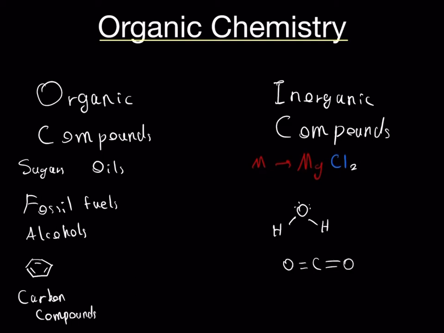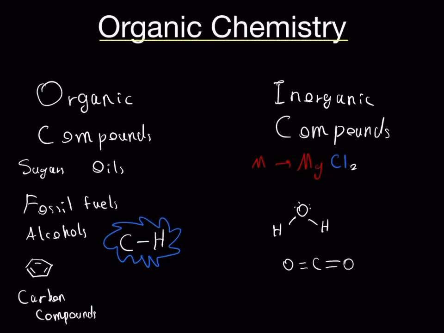Now, how is carbon dioxide an inorganic compound if it has carbon? Well, generally speaking, organic compounds have carbon and hydrogen together, bonded. So that's the important thing about organic chemistry.